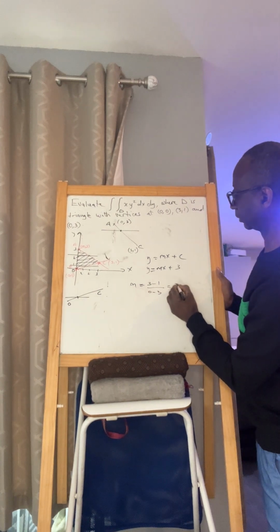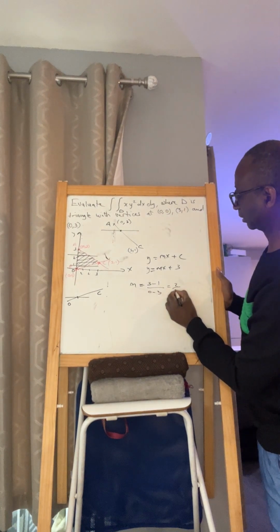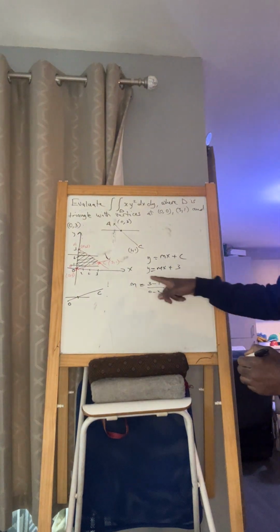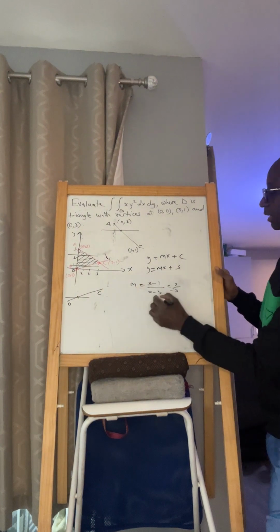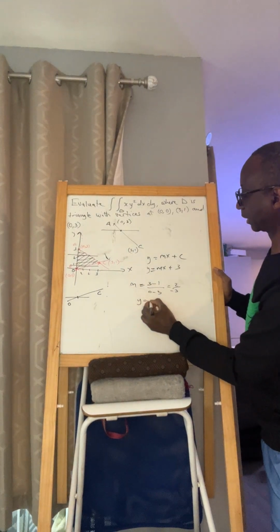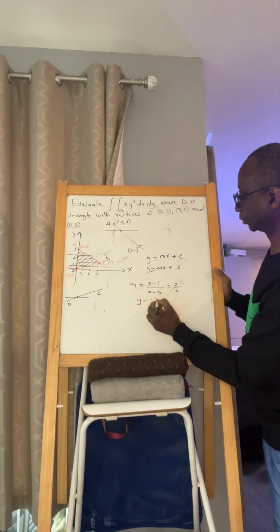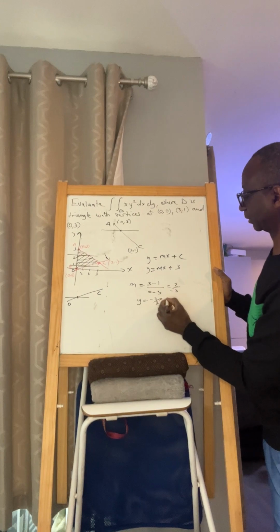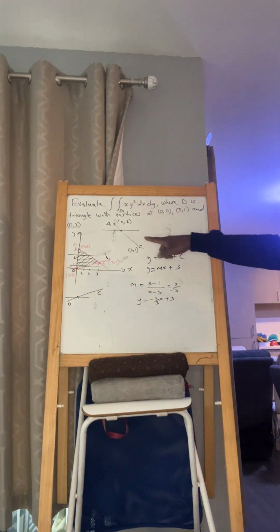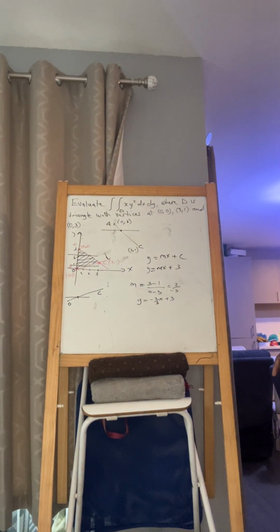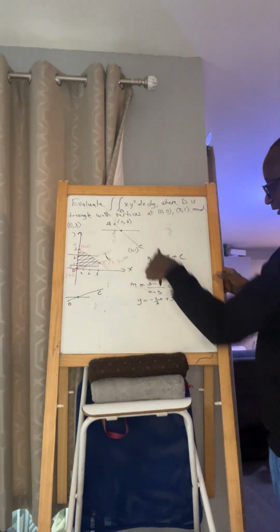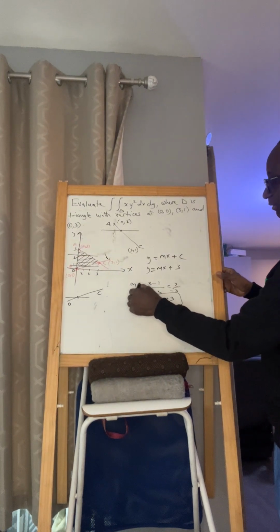So here we got 2 all over minus 3. That is m. So if we put it now in this equation, you have y equals minus 2 all over 3 x plus 3. So that's the equation of this line.